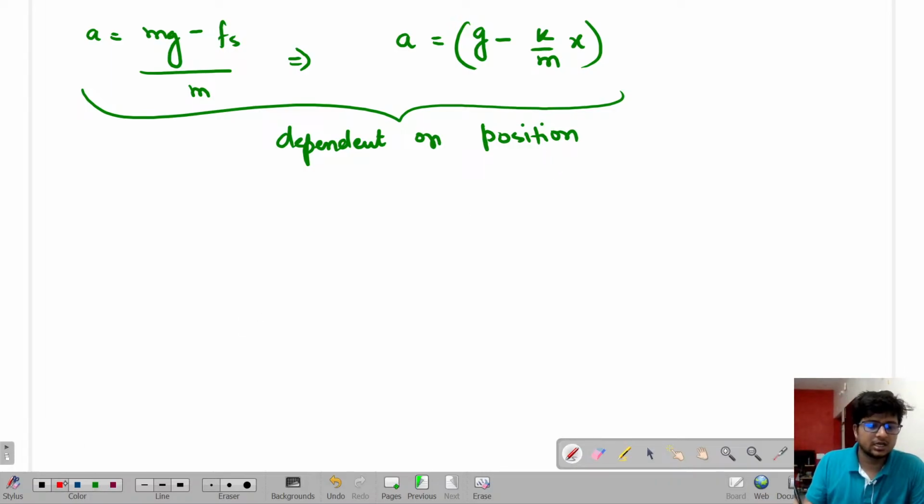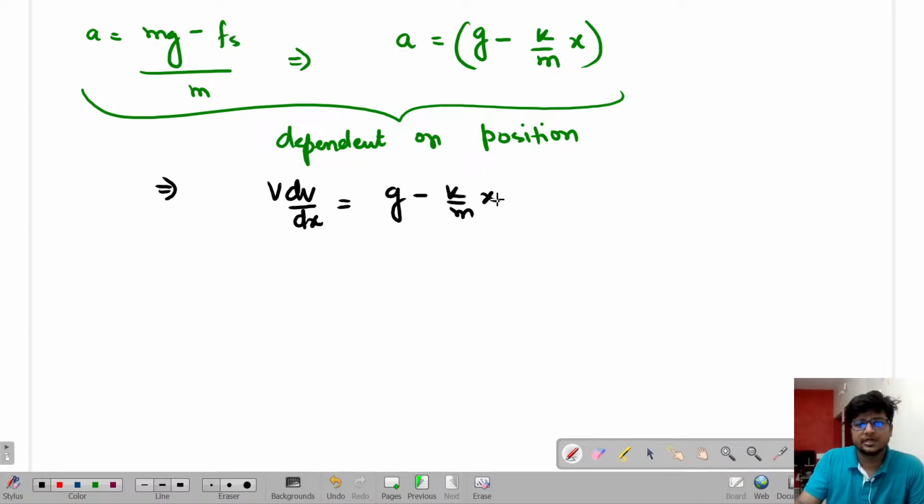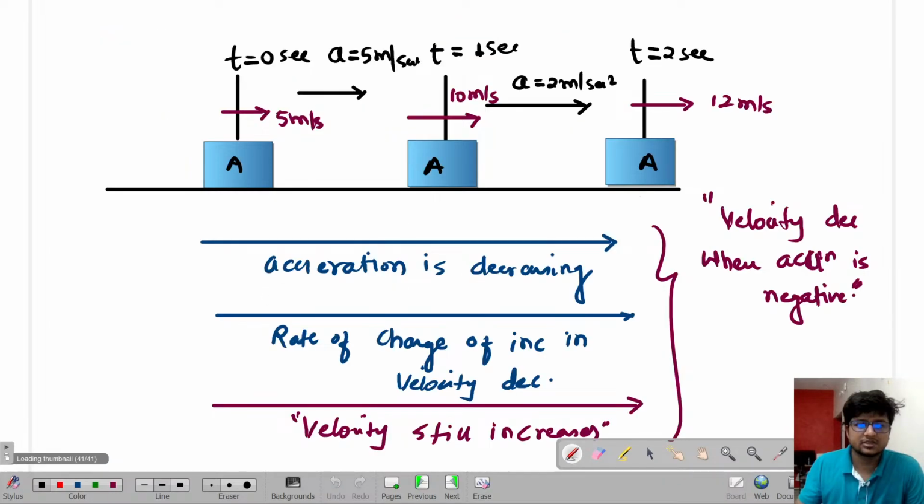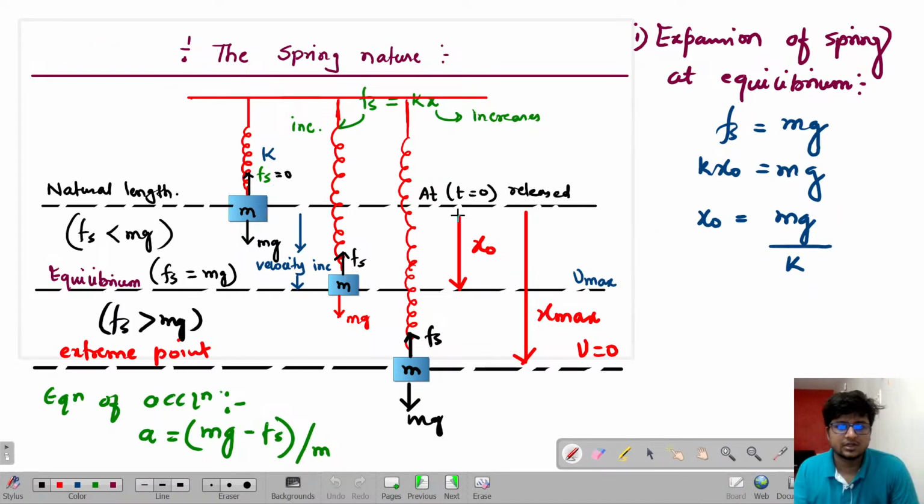Now, as it is dependent on position, I can write the acceleration in terms of velocity as v dv by dx, which is g minus k by m into x. Bring this dx over here: v dv is equal to g dx minus k by m x dx. Integrate. Now, what happens if I look into x max?